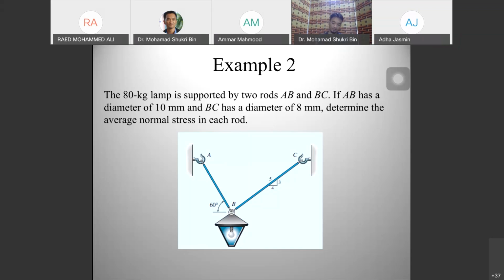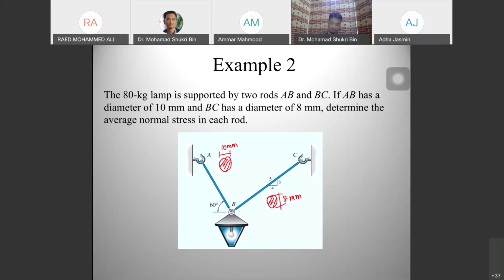So this is a cable. Cables basically have a round shape of diameter. So for AB, the diameter is 10 mm. For BC, it is 8 mm.